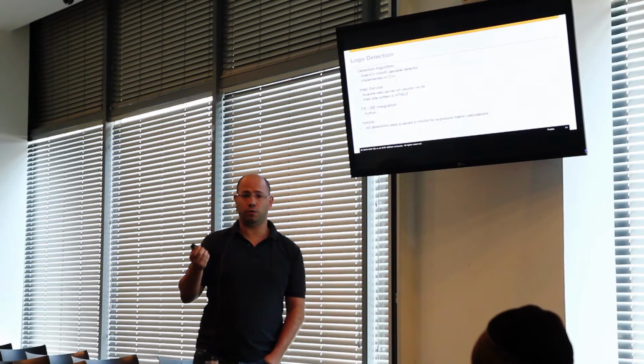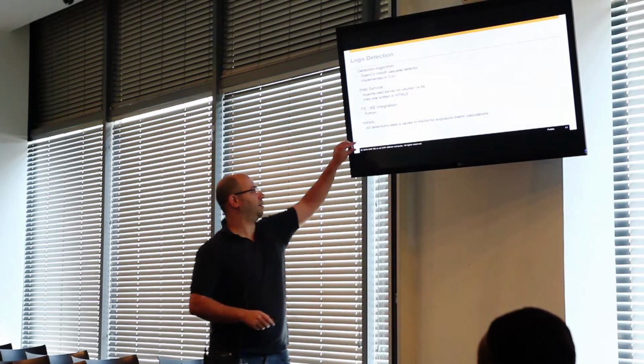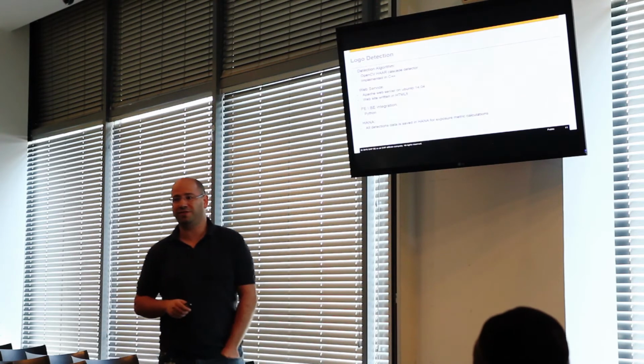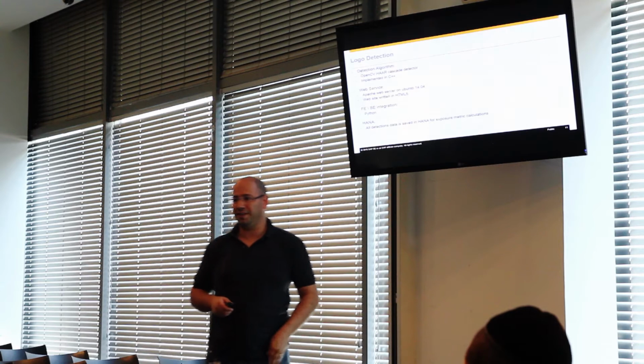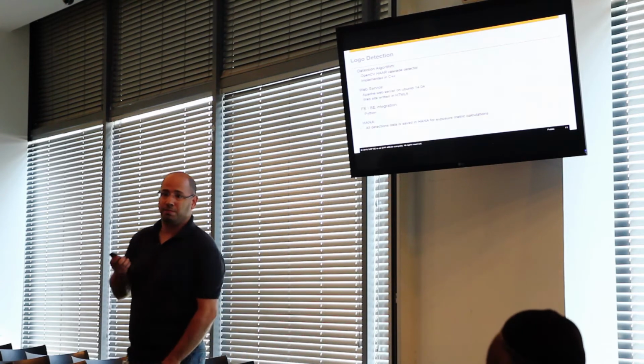Because if I'm sponsoring a soccer stadium, I don't really know how much people at home are viewing my logo, or does it get only small exposure in the corner of the screen, or really big exposure in the center? You have no visibility for that, and we are enabling it.